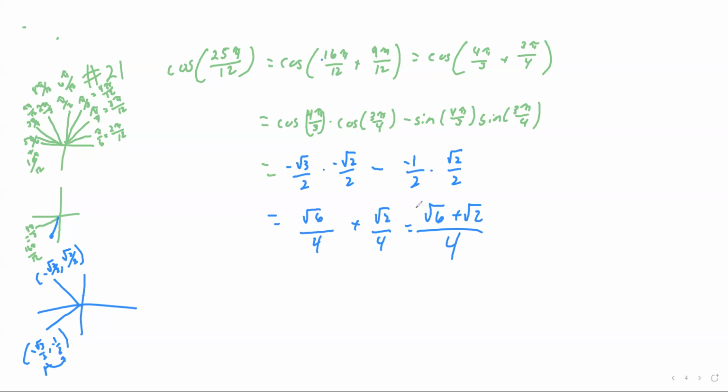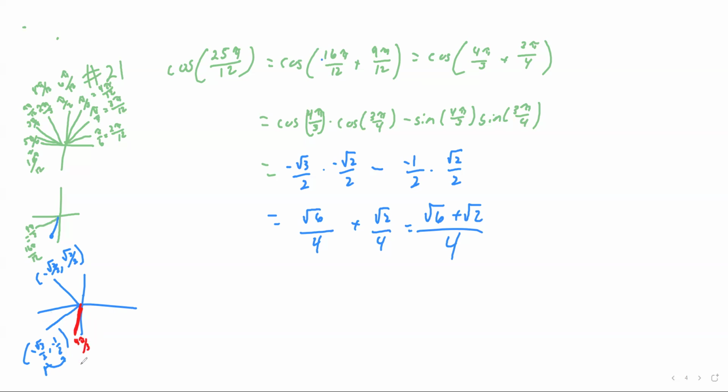But because that would have been closer to the y-axis, it should have been here. That's where 4 pi thirds is, because 5 pi thirds is right here. Right, because that would have been 8 pi 6. That would have been 7, 8, 9.